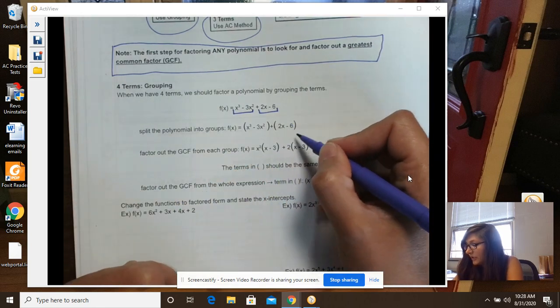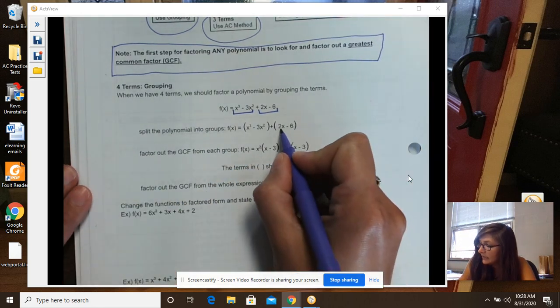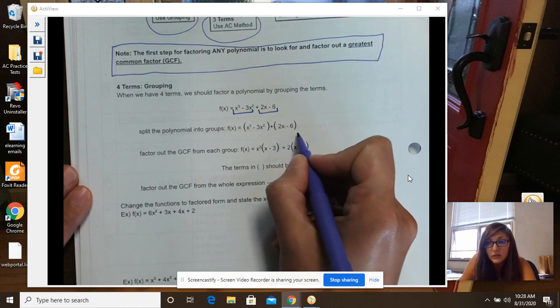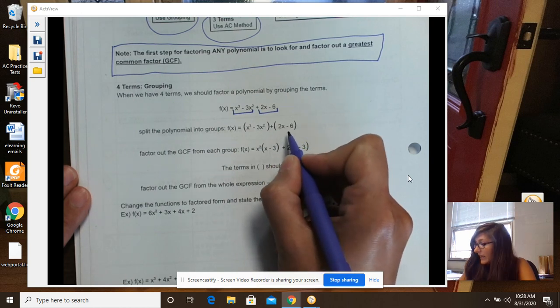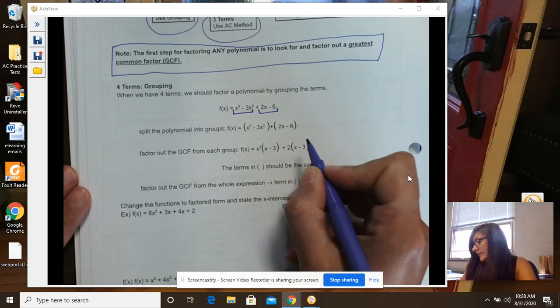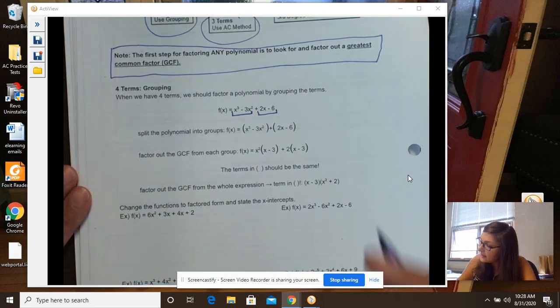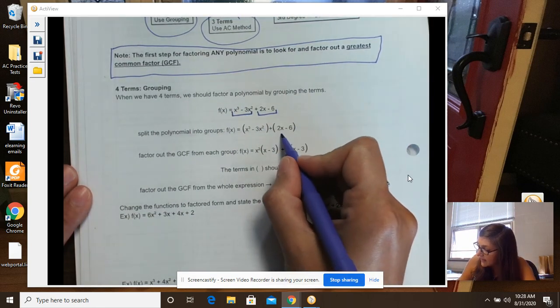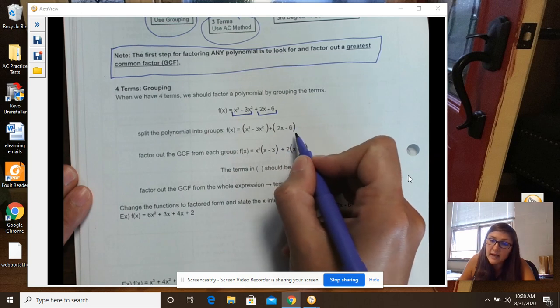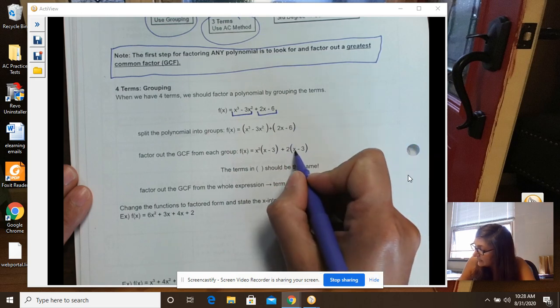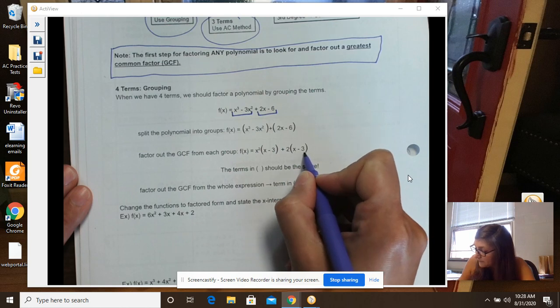Then we do the same thing for our second group. Notice that each of these pieces of my second group, each part here, is divisible by 2. So that's what we're going to pull out of each of these pieces. I'm going to divide that first term by 2 and divide the last part by 2. So when I factor out that 2, I'm left with x minus 3.